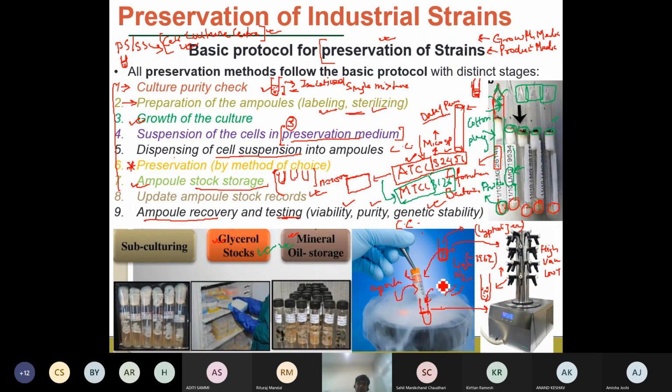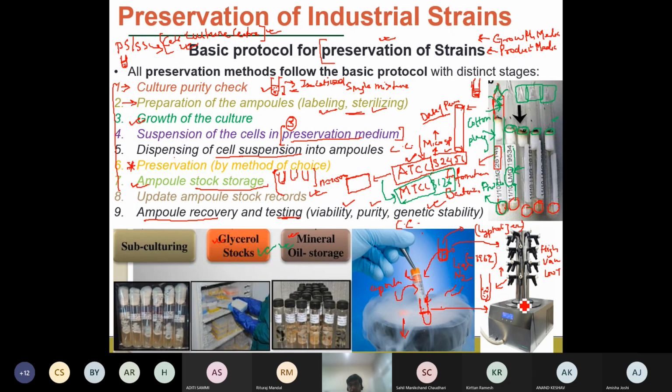Then we put it into liquid nitrogen. Here the ice crystals are being formed, and we make sure that we do it in the presence of additives to prevent the rupturing of the cells.